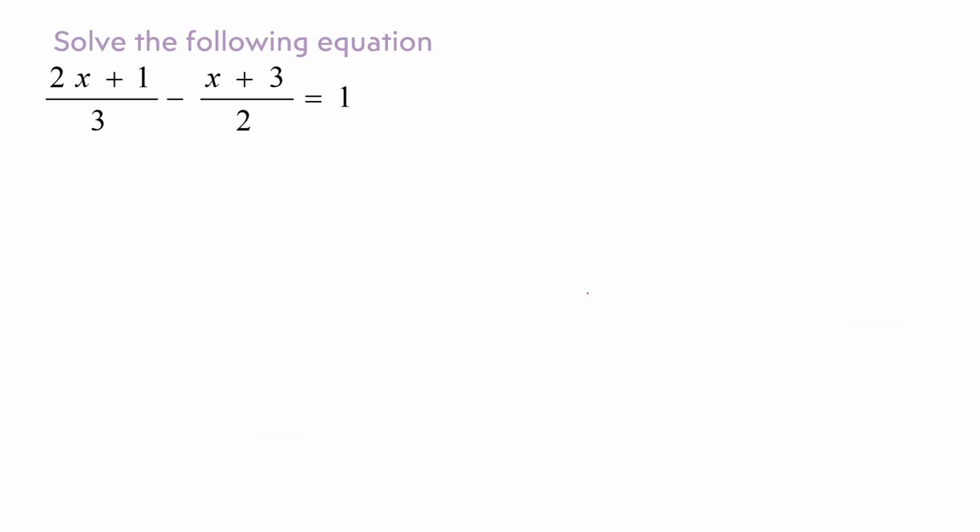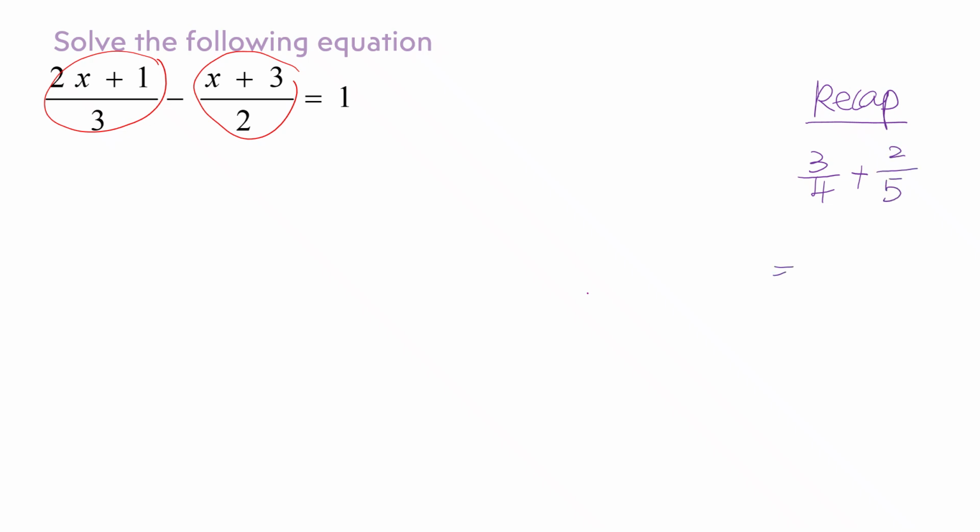Right, let's look at the last question for the examples. For the last question, you see that on the left hand side I have two fractions. So I'm just going to do a recap here. If you remember how we add something like 3/4 plus 2/5, we find the common denominator, which is the common multiple of 4 and 5, that is 20.